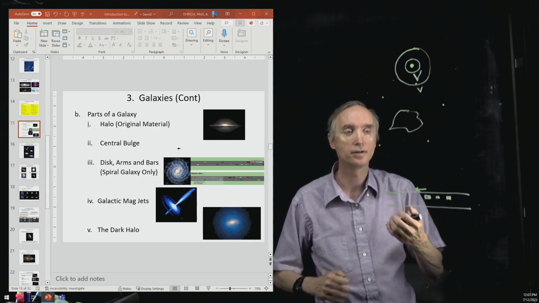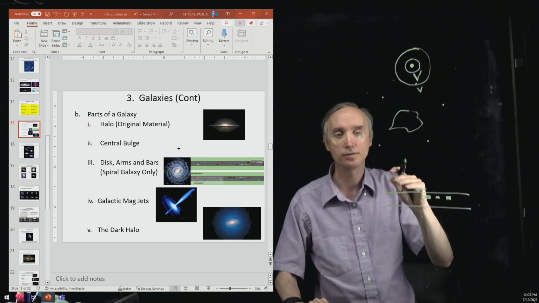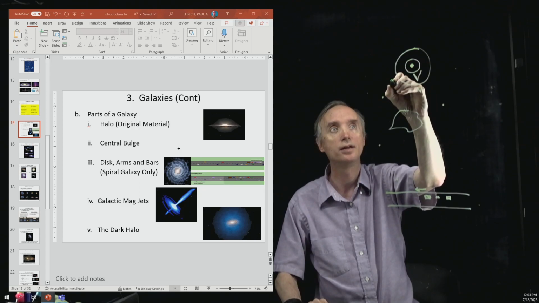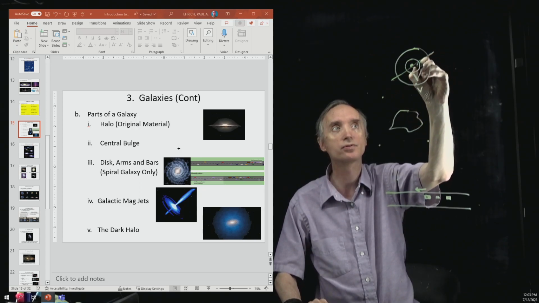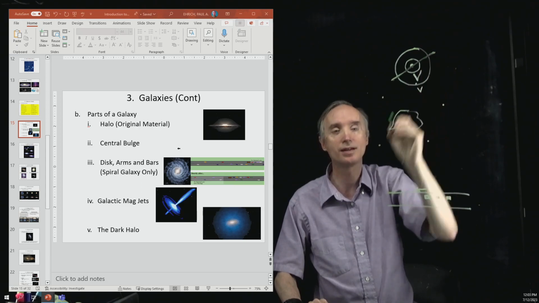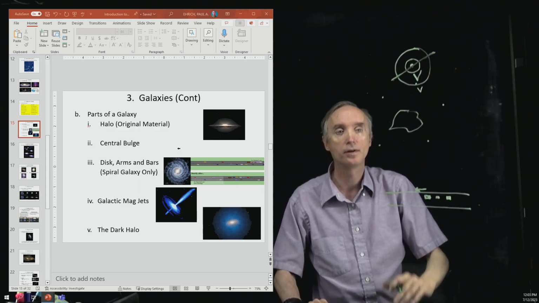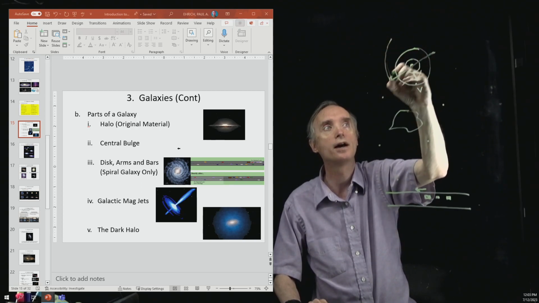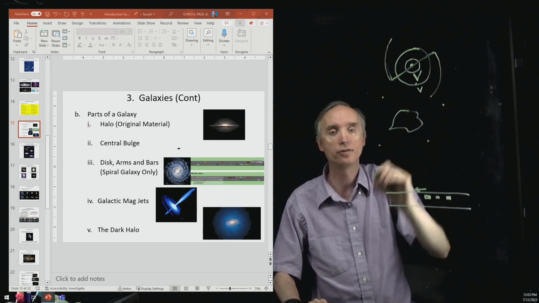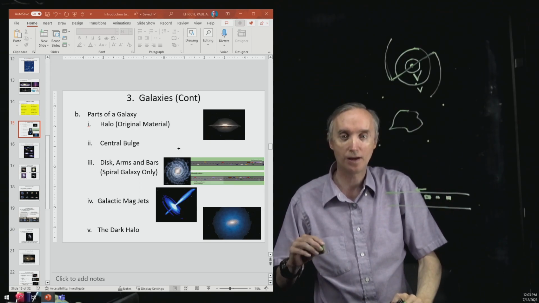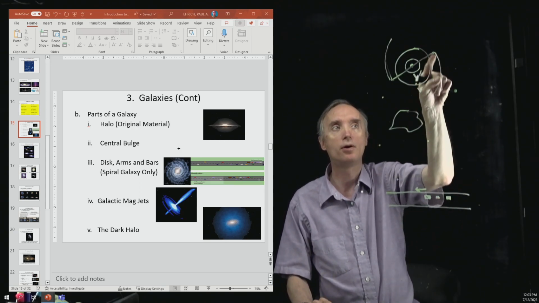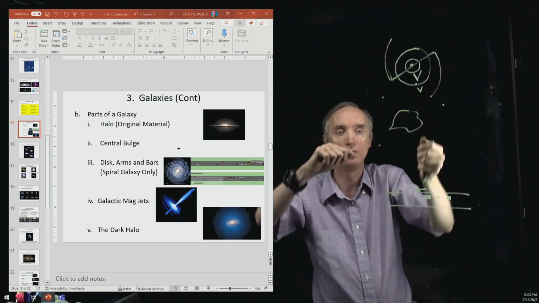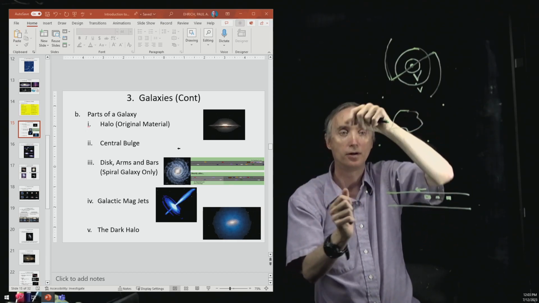In some spiral galaxies, so here's our spiral galaxy, there actually is a structure that goes through the center of the galaxy, and then the arms are coming off of that structure. So we refer to those things as being bars, B-A-R. So that's a bar. Arms can come off of that bar, and then the whole thing is rotating around.